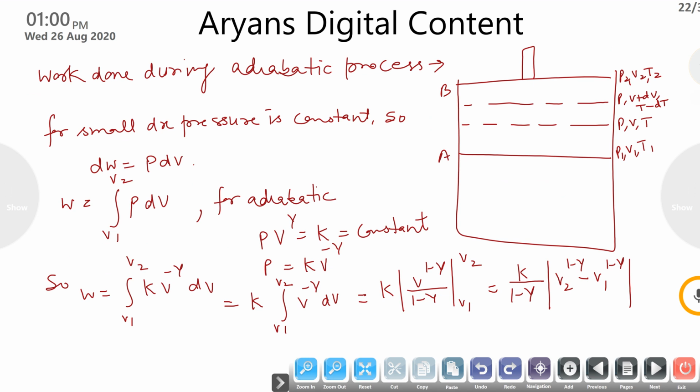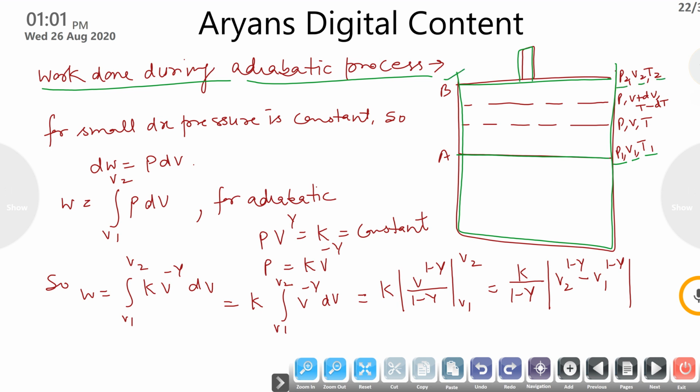Now we have to find the work done during the adiabatic process. For this we simply consider a piston cylinder system with a frictionless piston. The initial conditions are P1, V1, T1 and the final conditions are P2, V2, T2.